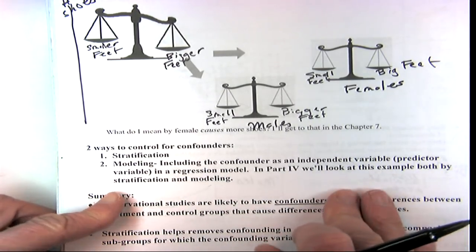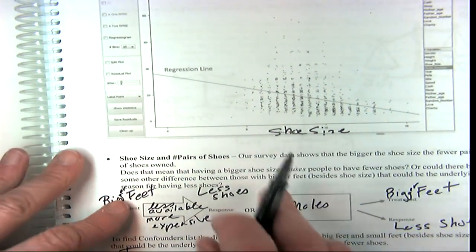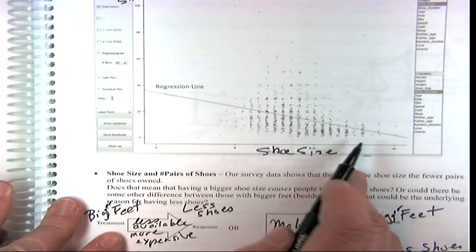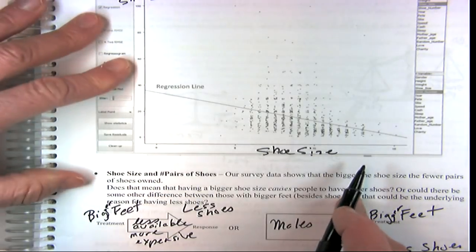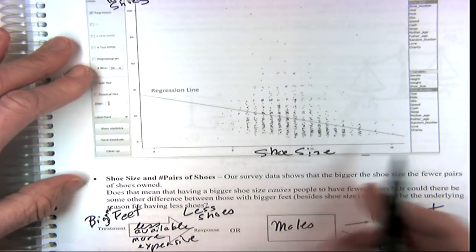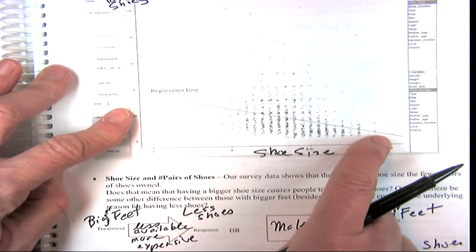Well, we're there now, and so what we're going to do is look at the same example that we did, where we saw that there was this negative correlation between the size of one's feet and how many pairs of shoes people owned, and we saw that this was a bogus correlation, basically.